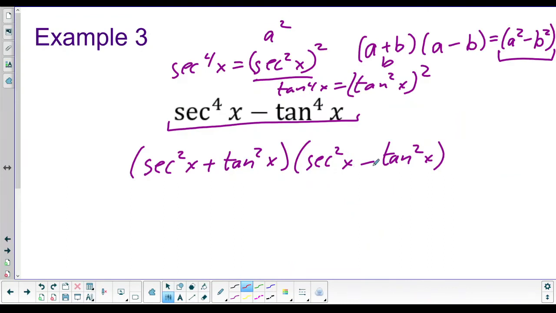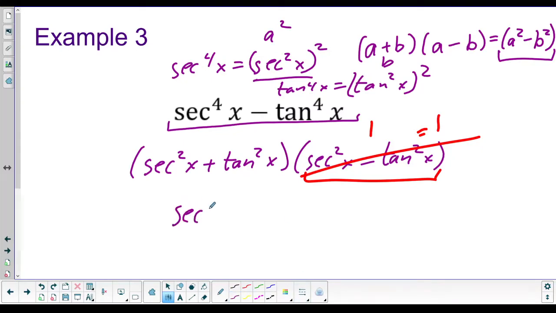Secant squared x minus tangent squared x equals 1. So this entire thing here, this is 1. And 1 times anything is the anything. So we can just get rid of this whole section. And now we have, let me make this a little skinnier, secant squared x plus tangent squared x.